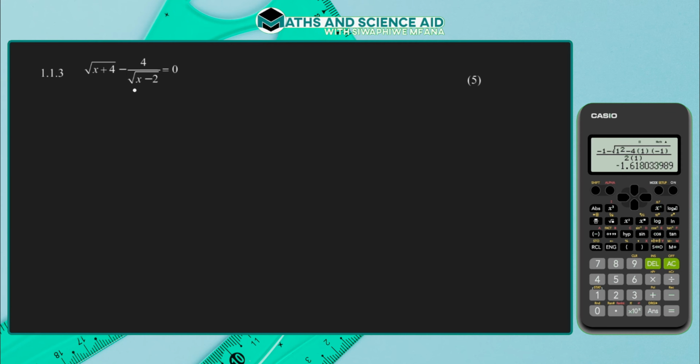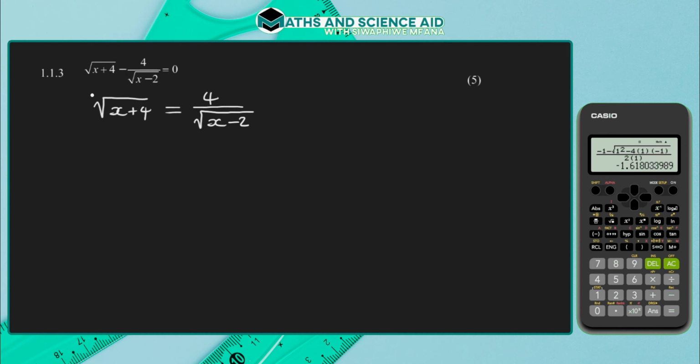To make this easy, you can take down the square root of x plus 4 and then transpose the second term to the other side. So we'll have it equal to positive 4 divided by the square root of x minus 2.